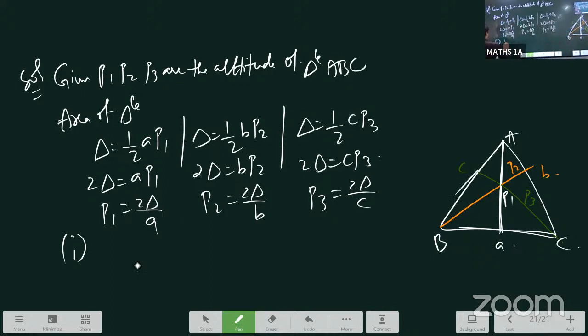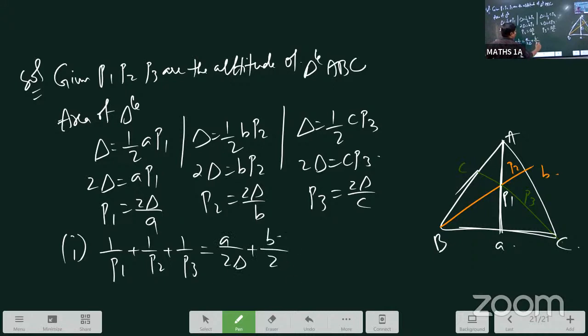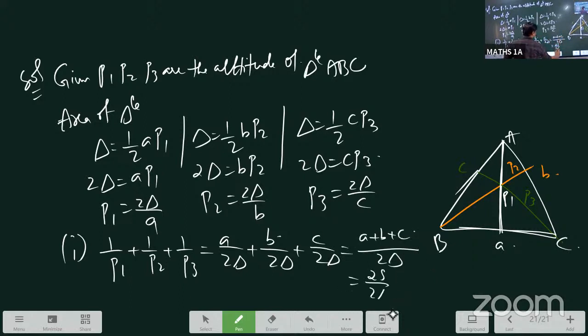So, first bit, 1 by P1 plus 1 by P2 plus 1 by P3 means A by 2 delta, B by 2 delta, C by 2 delta. That is A plus B plus C, 2S by 2 delta, where A plus B plus C is 2S. 2 gets cancelled, S by delta, and since r is delta by S, S by delta will be 1 by r. Is it clear? Right. Next.